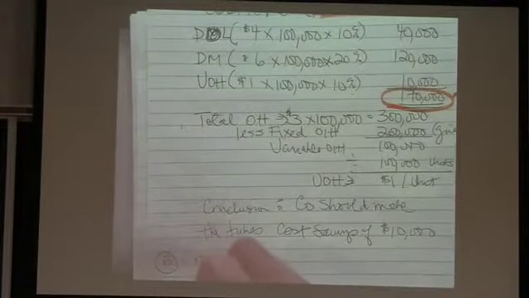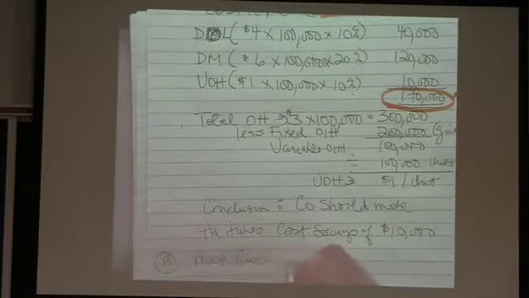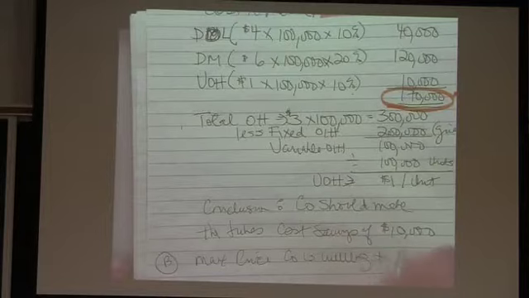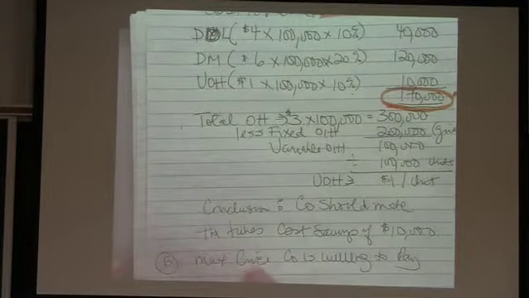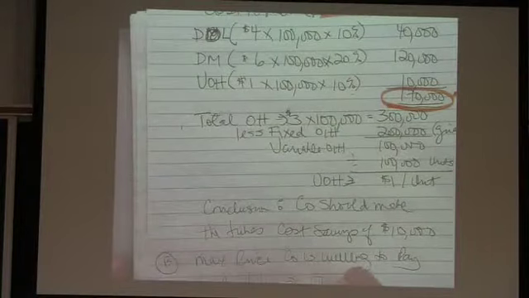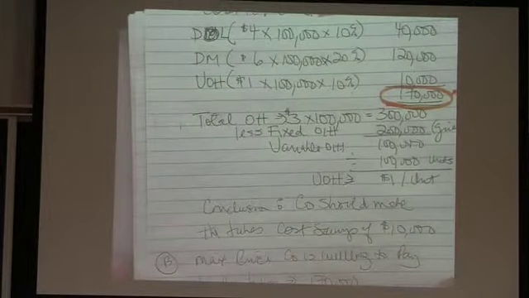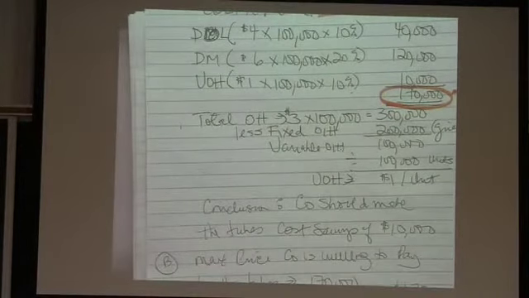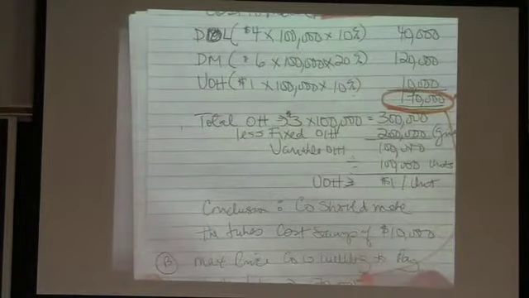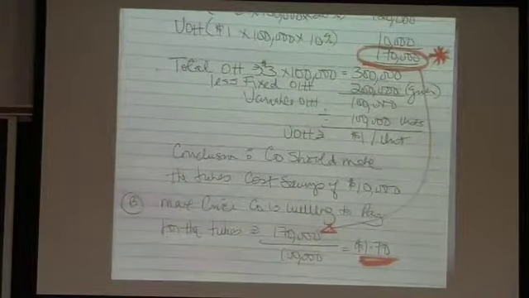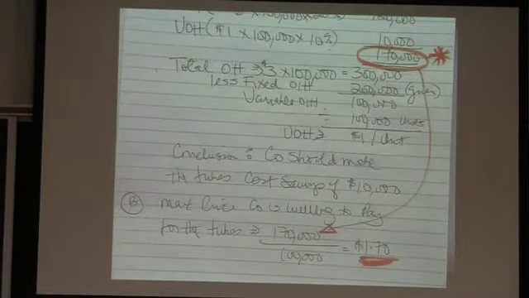Well, the maximum price the company is willing to pay for the tubes would be the cost divided by 100,000 tubes, $1.70. So this 170 is really this number here. That's how much they're willing to pay for those tubes.